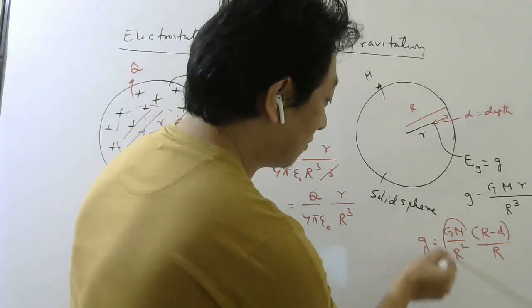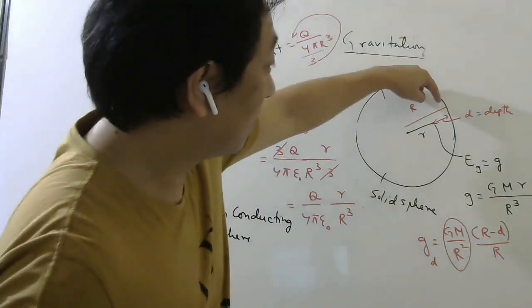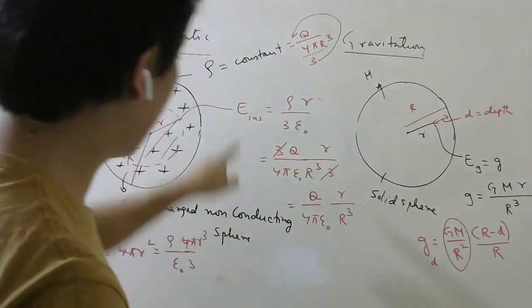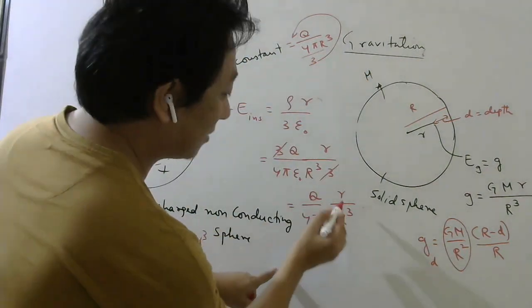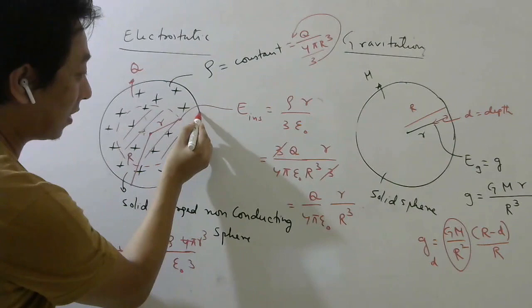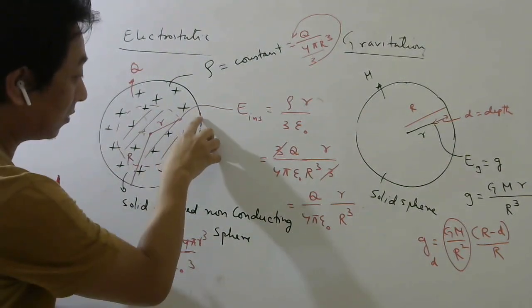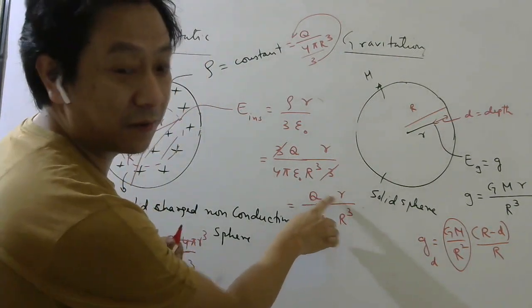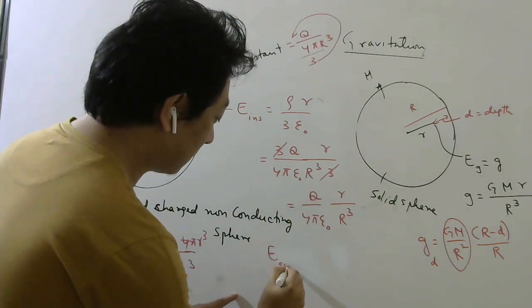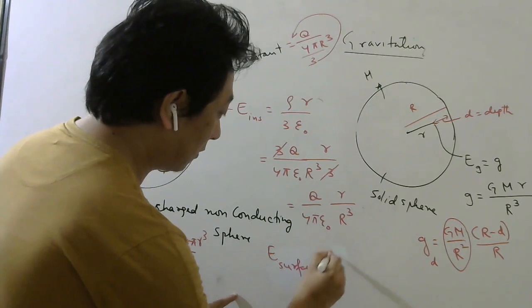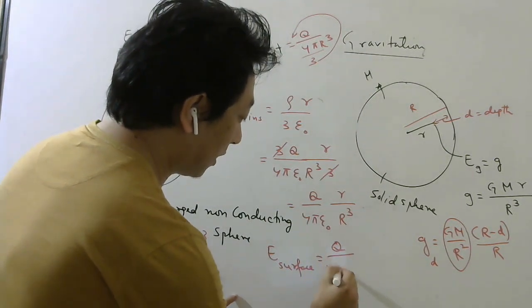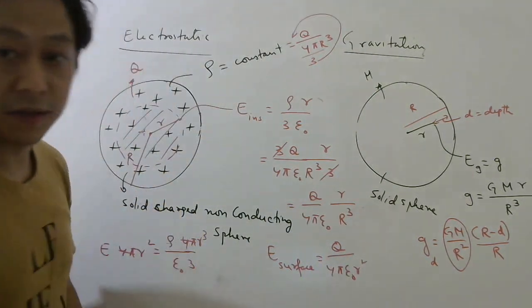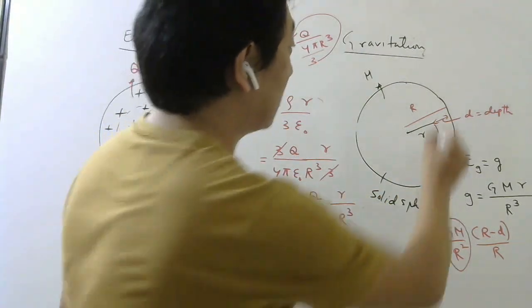This is the value of g at the surface, because at the surface, if I ask, small r will be how much? Capital R. Put capital R here. So at the surface, your electric field will be Q by 4 pi epsilon naught r square. Similarly, what will be g at the surface if I ask?